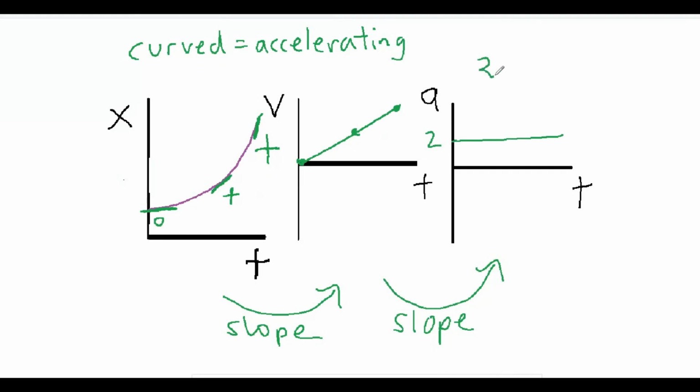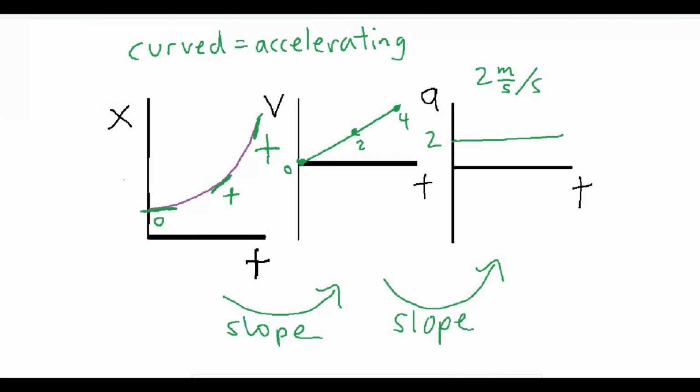That means 2 meters per second, or 2 meters per second squared. So if that were the acceleration, this one would go from 0 to 2 to 4, and then so on, 6, 8, 10, if the time kept on continuing.